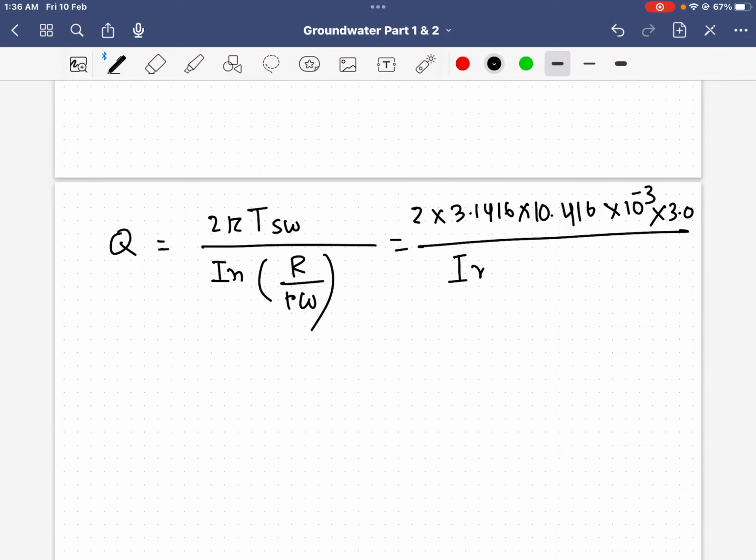Now ln of R, the radius of influence, is 300, and Rw I already got from the diameter, 0.15. If I calculate, I will get 0.02583 meter cube per second.